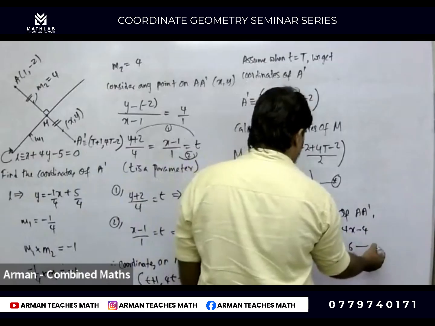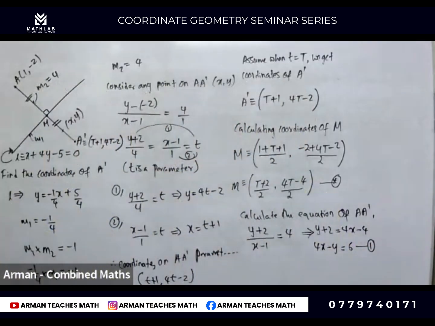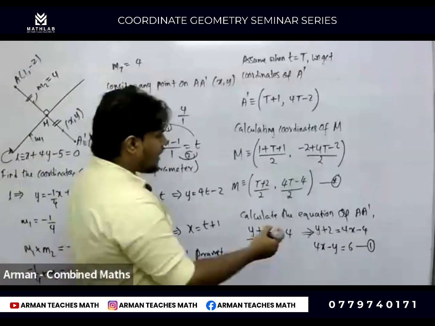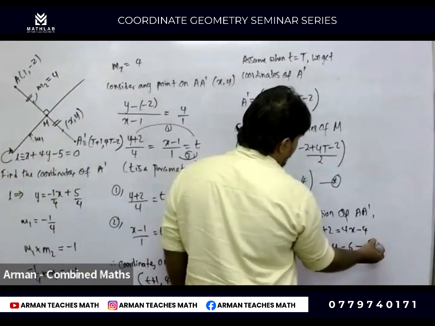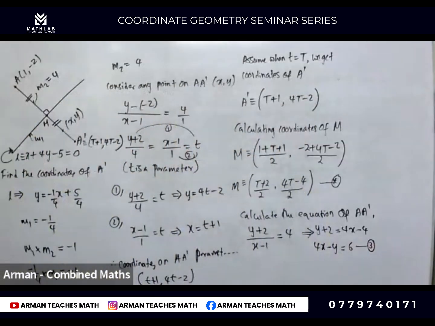I'll take it as the third equation, as we have already named the 1 and 2 equations here. Same process we did; I'm applying the process continuously. That's the equation of this AA dash. I just took the constant to one side. That's the only change I did.